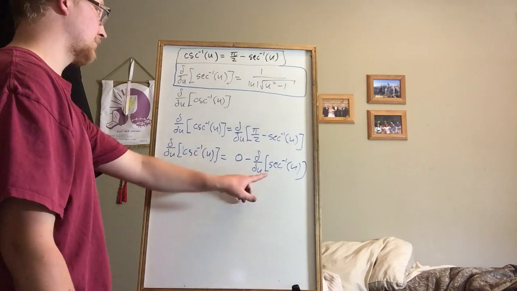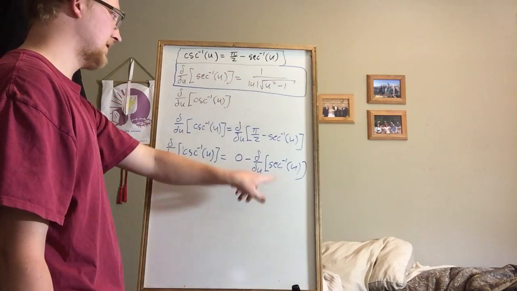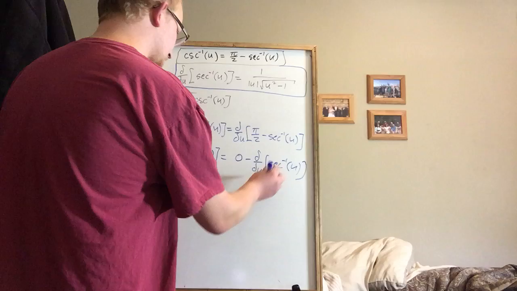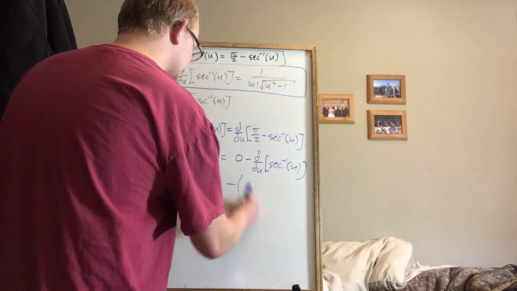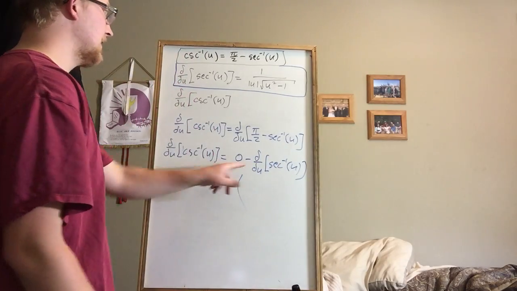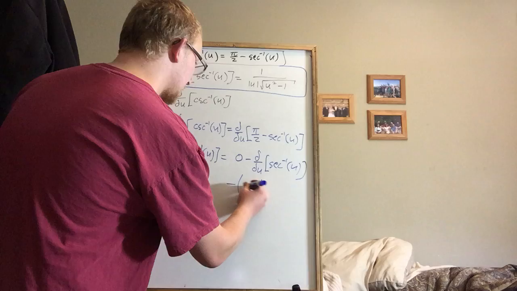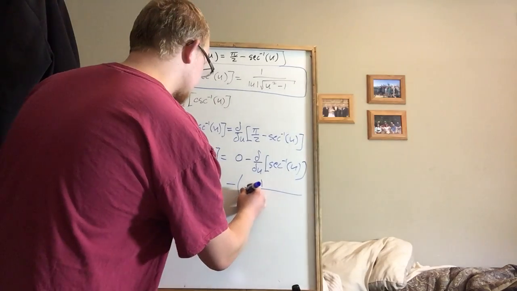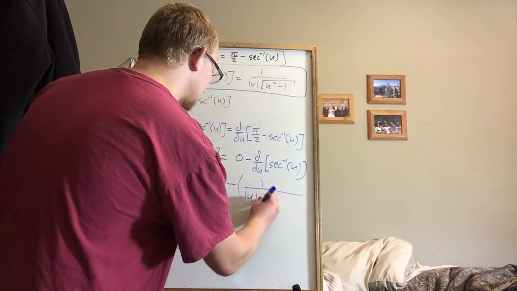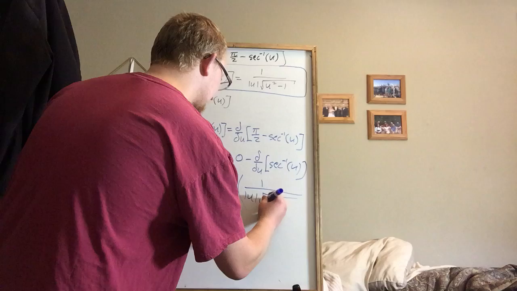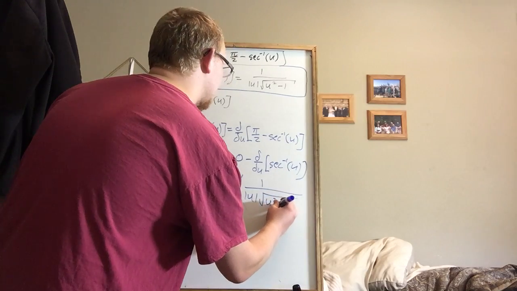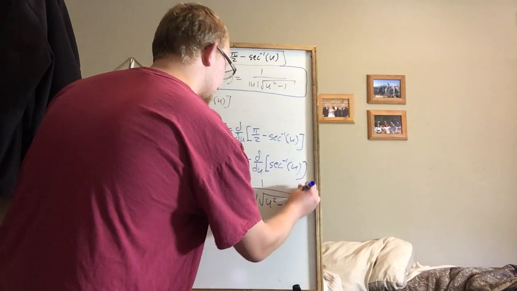So what we'll do here is we're just going to fill in this formula down here. So the 0 goes away, we have a minus sign out front from here, and then we just have our identity, which is 1 over the absolute value of u times the square root of u squared minus 1.